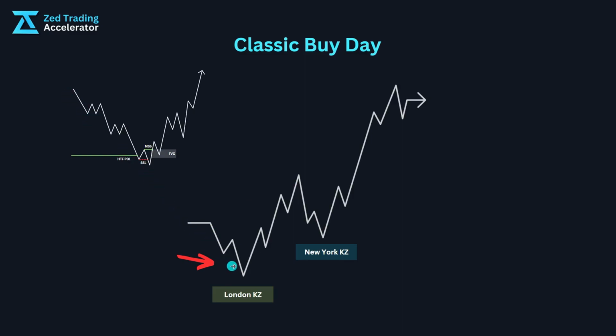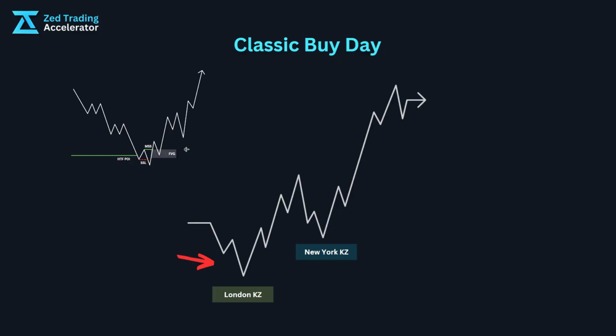After taking out a sell side liquidity, or maybe reaching into a higher time frame point of interest, look at the lower time frame and you will see this exact setup. And also here, we go higher at the New York kill zone, we have a retracement. If you look at the lower time frame, you will see this exact setup.